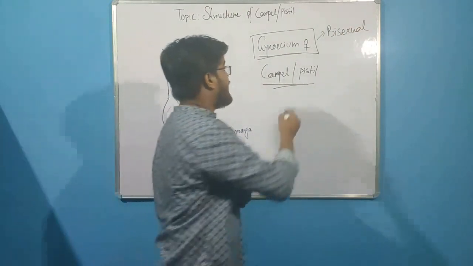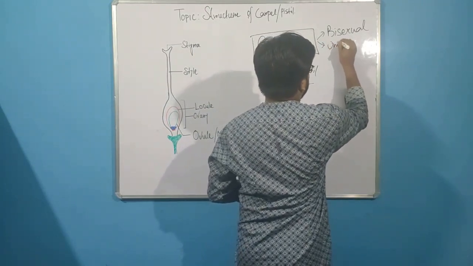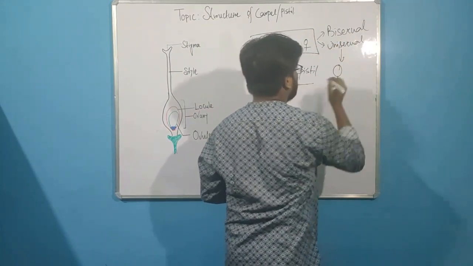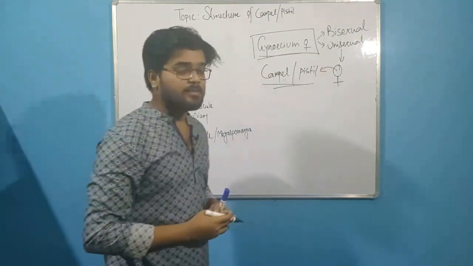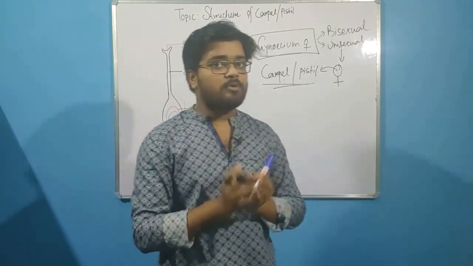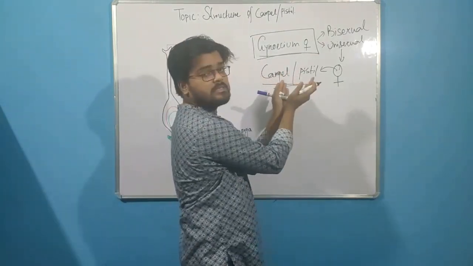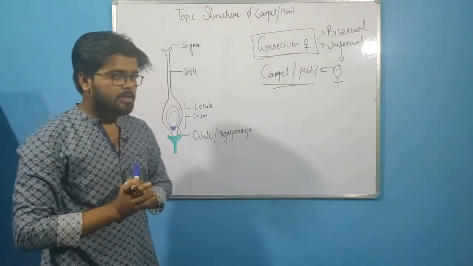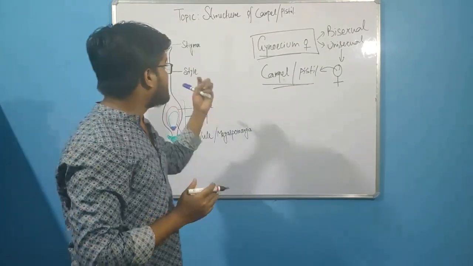And if it is a unisexual flower, only in the female flower can we find the carpel, pistil or gynoecium. So what is the gynoecium? Gynoecium is the plural, that means the carpels and pistils together represent the gynoecium. It's clear.